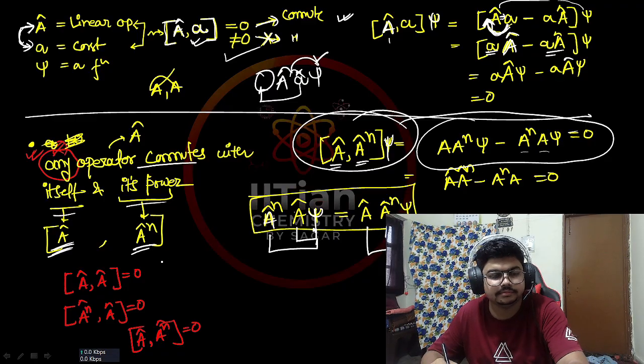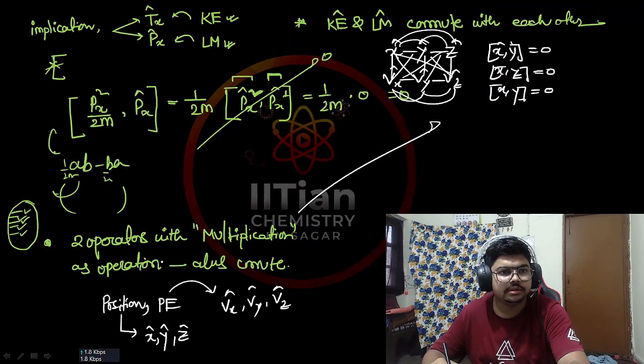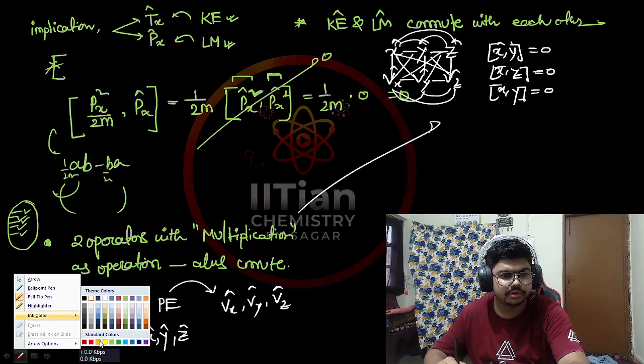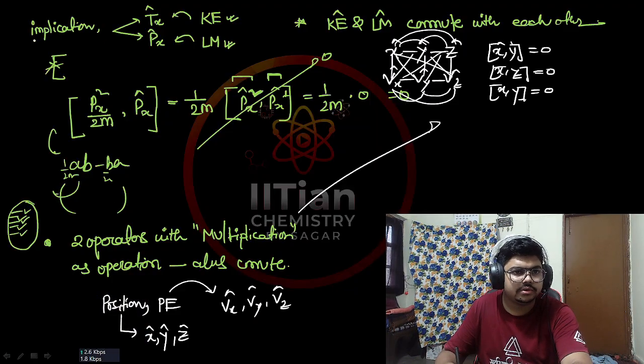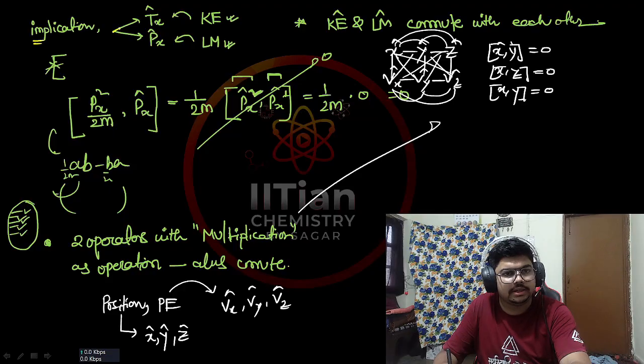Fine. Second property, its implication. What is its practical implication? Suppose there are two operators, Tx, the operator corresponding to kinetic energy, and Px, the operator corresponding to linear momentum.